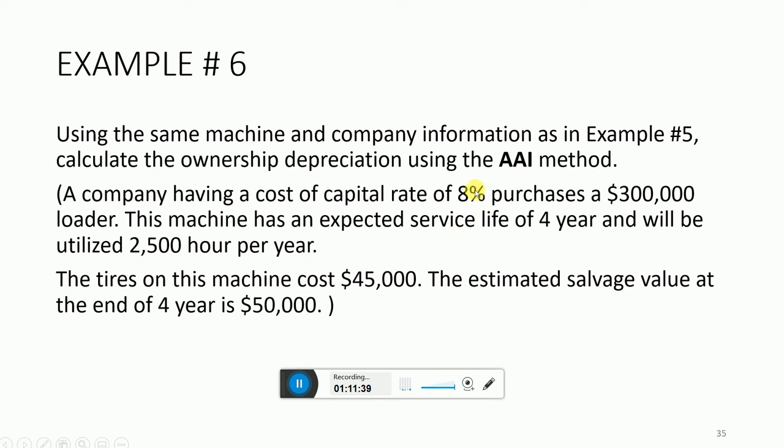In this case, we have the same 8% annual capital rate, 300,000 the purchase cost, and 2,500 hours of use per year as the operating utilization. The machine tires are $45,000, and the 50,000 is the salvage value here.